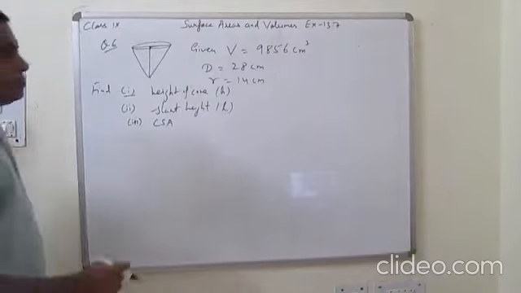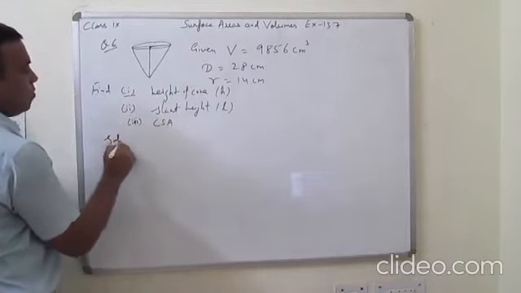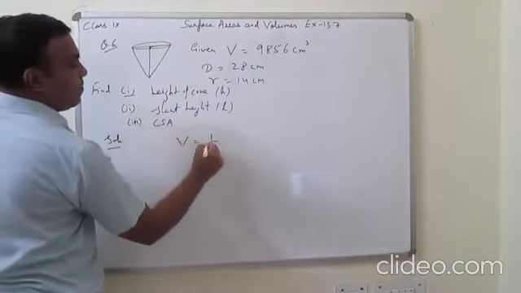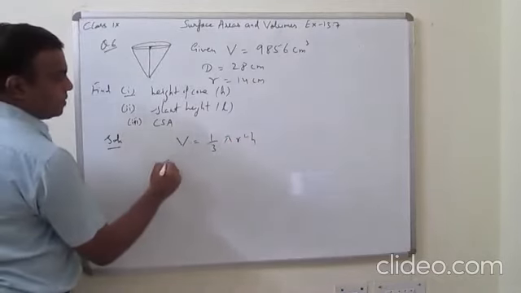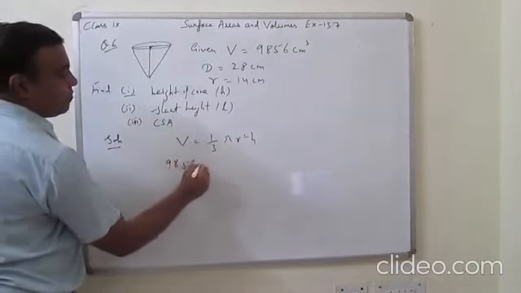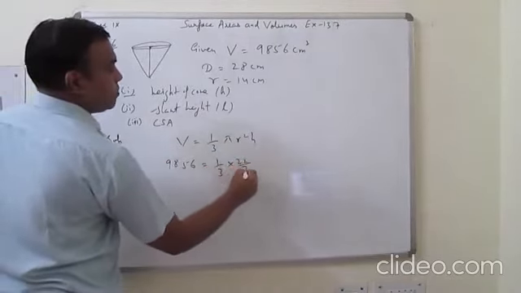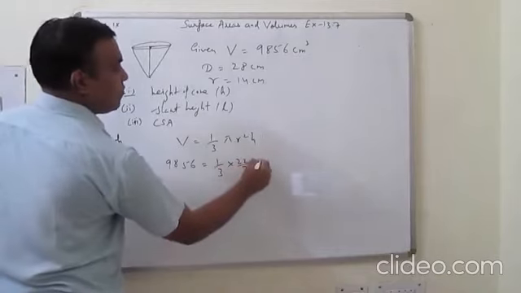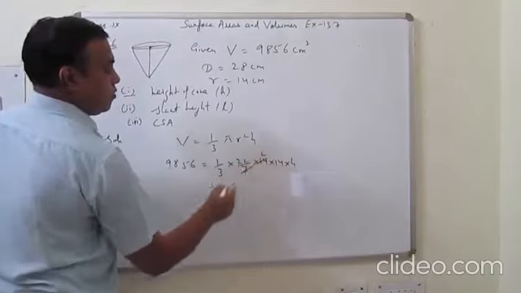See here, height of cone. We know that volume of cone is equal to 1 upon 3 pi r square h centimeter cube. It is given to you 9856 equals 1 upon 3 into 22/7, r is 14 into 14 into H. This will cut 2.